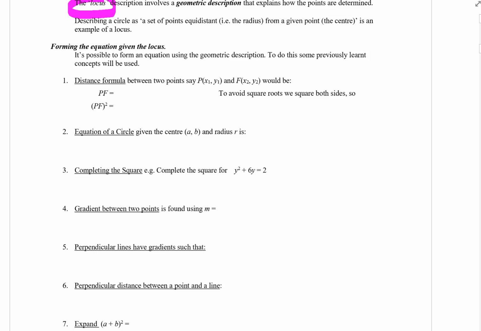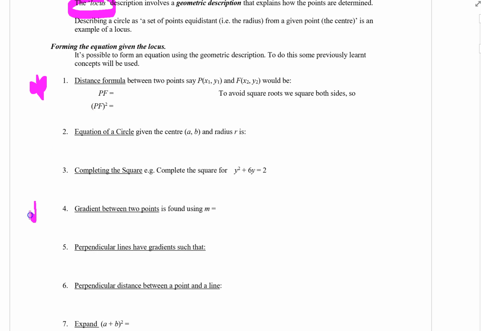Like I said, in exercise 9A, you're going to be given the worded description and work with whatever you're given in that description. The description might involve talking about distance. If it's talking about distance, obviously you will need to use the distance formula.